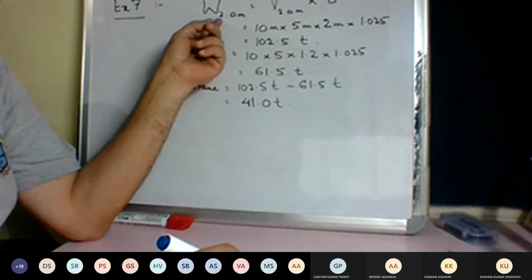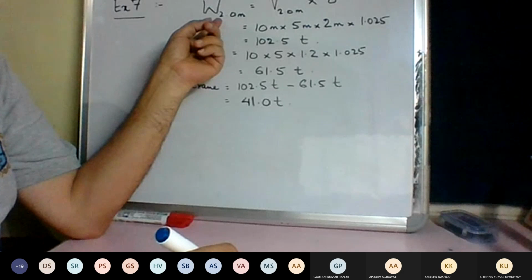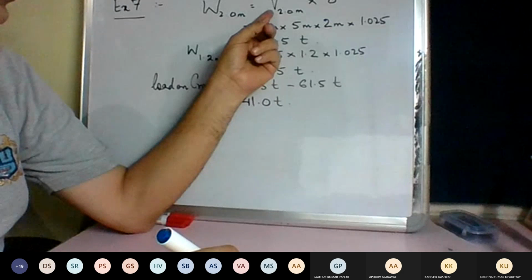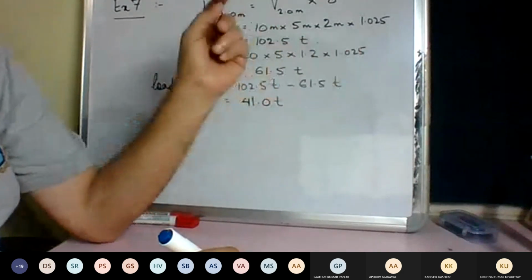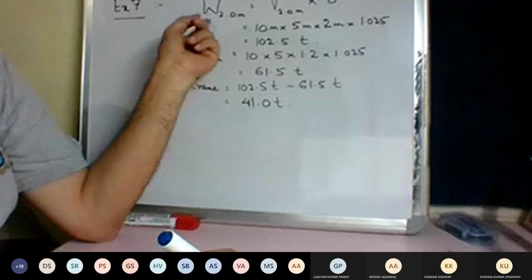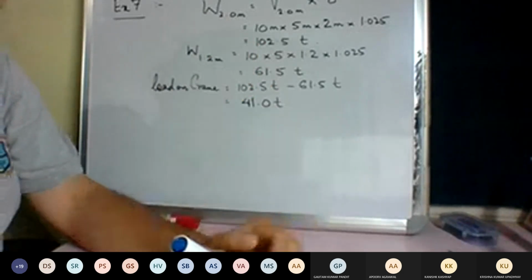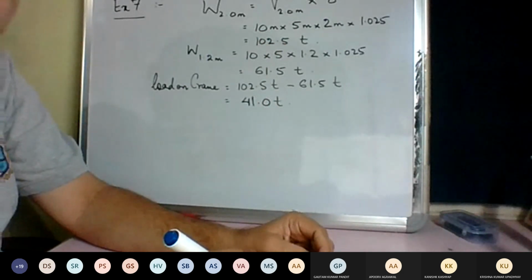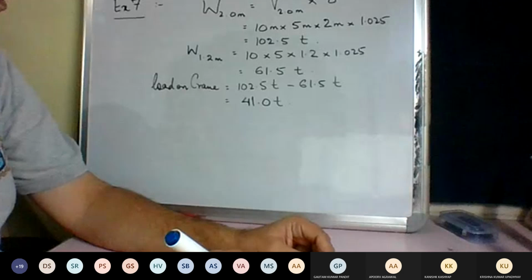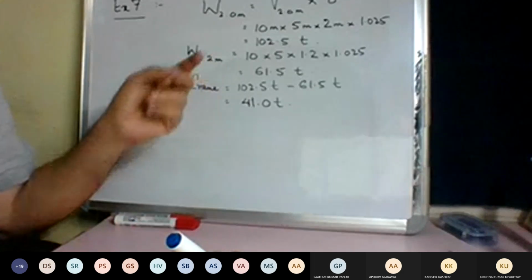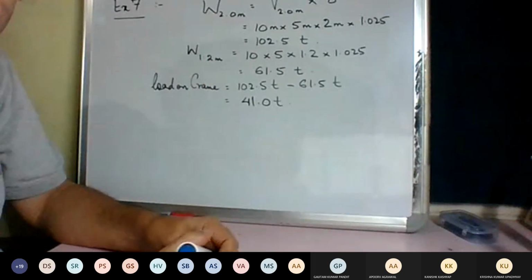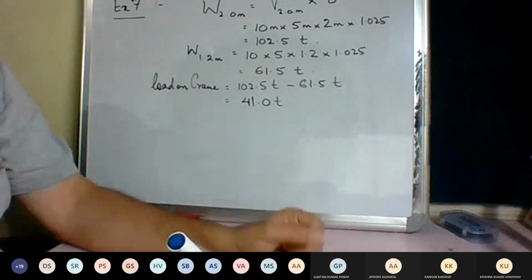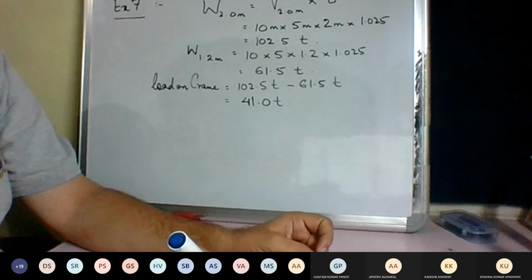When the draft is 2 meters of the rectangular barge, then it is 10 by 5 by 2, the volume, into the density in which she is floating. So the displacement when the barge is at 2-meter draft is 102.5 tons. When the crane picks up the barge to a draft of 1.2, then the displacement of the barge becomes 61.5 tons.